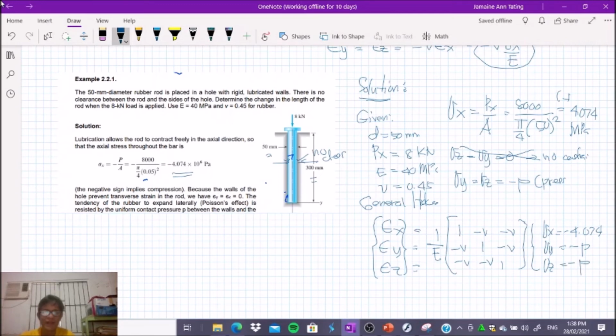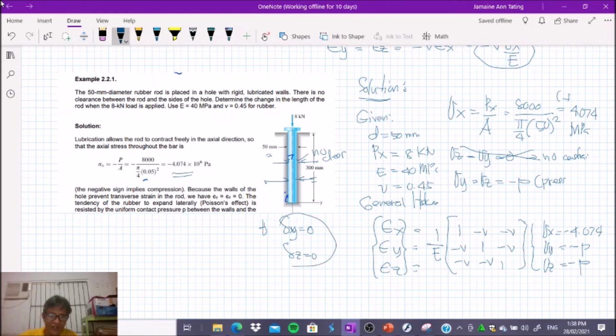Okay. Now, since we have no clearance here, it means our material will not have deformation. Delta X, I should say delta Y, will also be equal to 0, and delta Z will also be equal to 0.